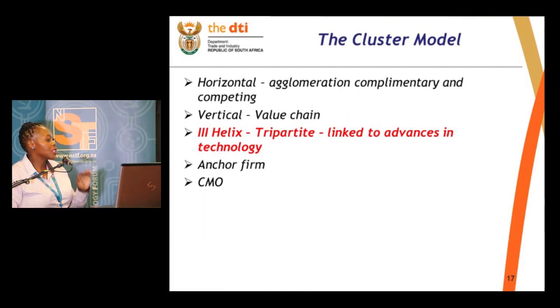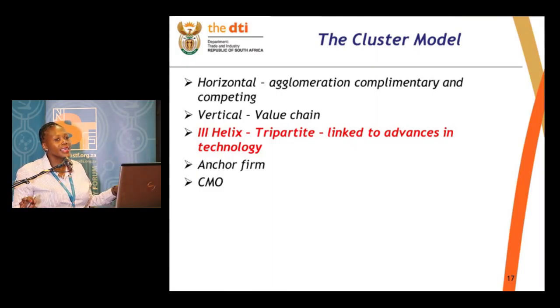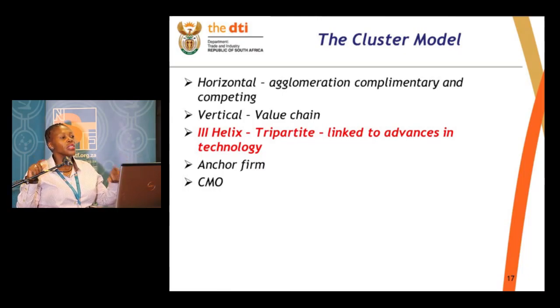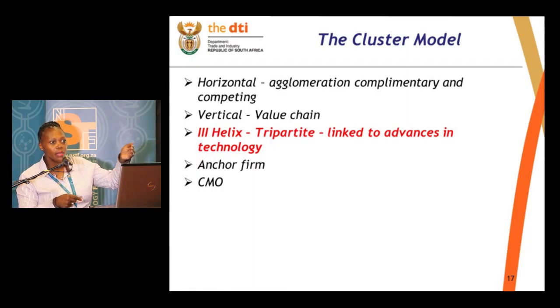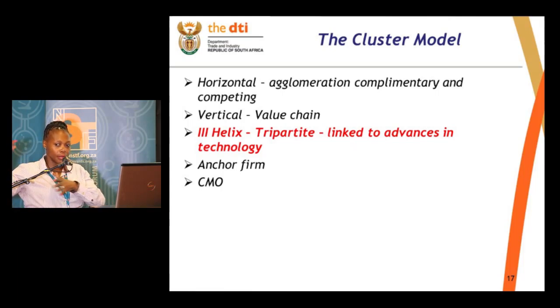And just go further to the cluster models, where you'll see whether it's a horizontal clustering where similar businesses will say, okay, we need warehousing infrastructure overseas for easy export. Then you agglomerate as that group to do that. Vertical value chains is when you are in the same value chain where others are providing input, others are doing the processing and taking out the product.